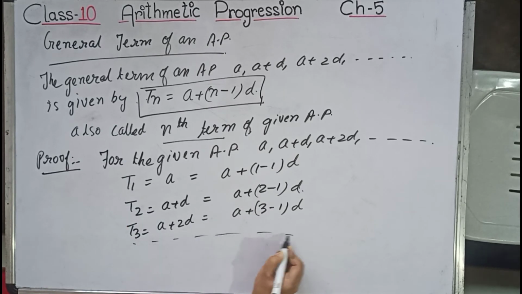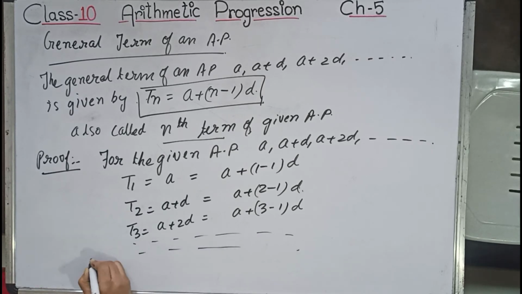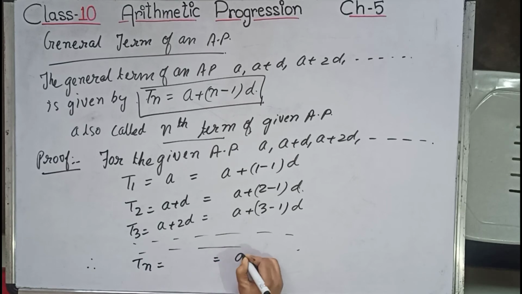So if I write dot dot dot for so on, therefore Tn equals a plus n minus 1 into d, and this only is the formula.